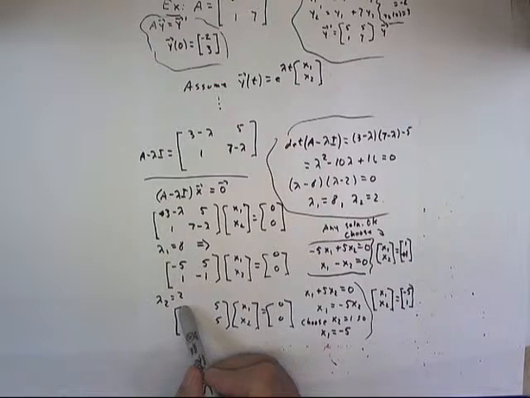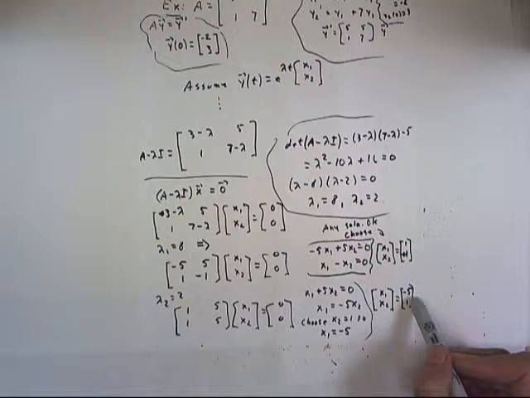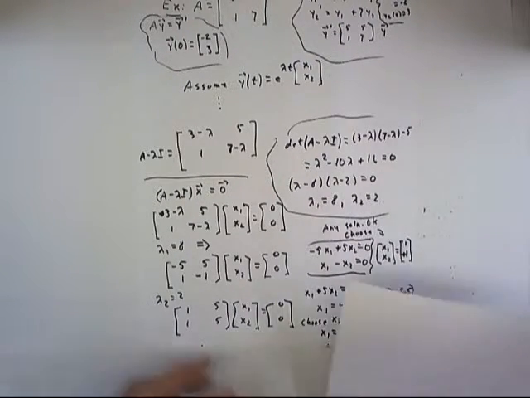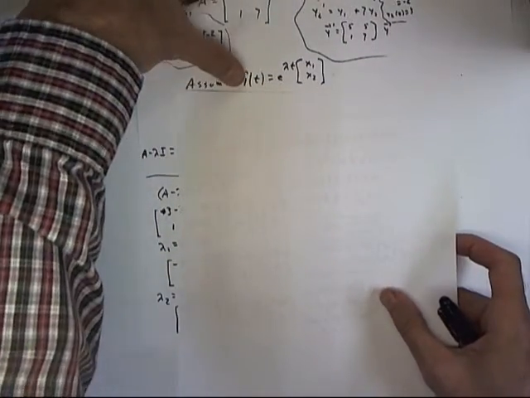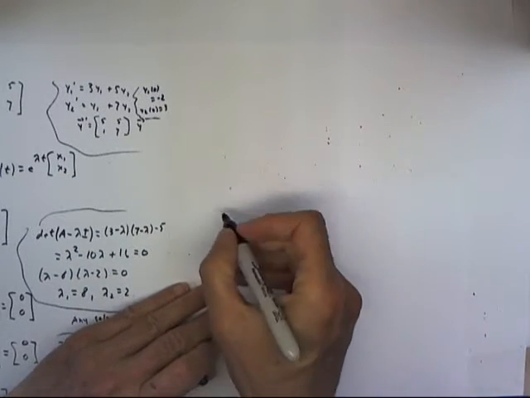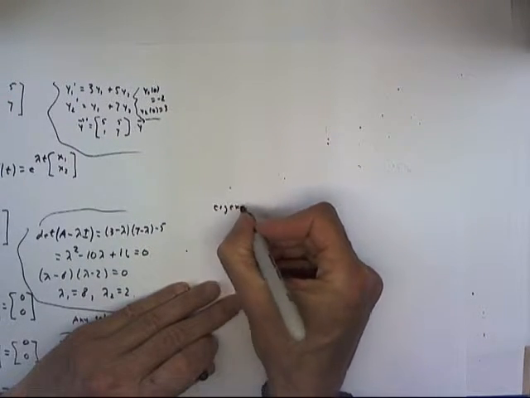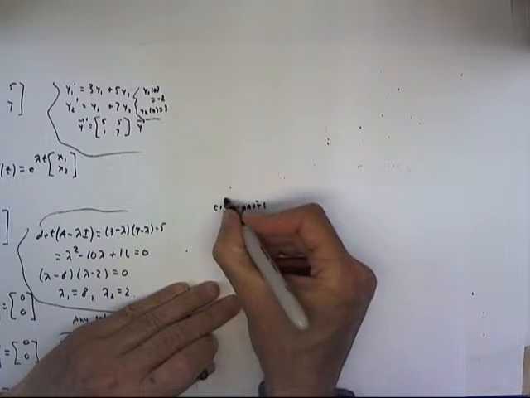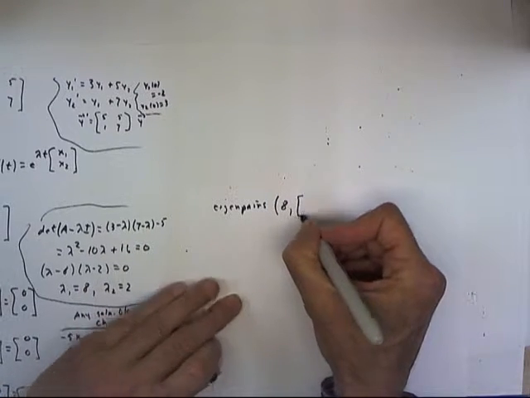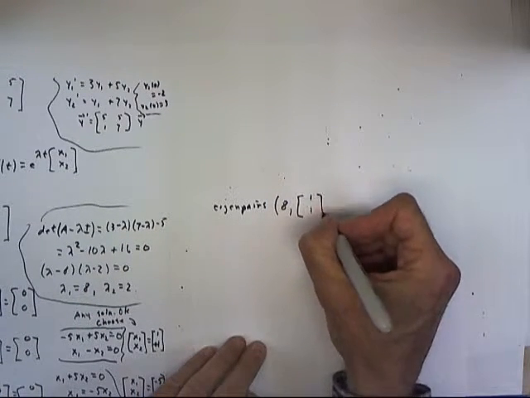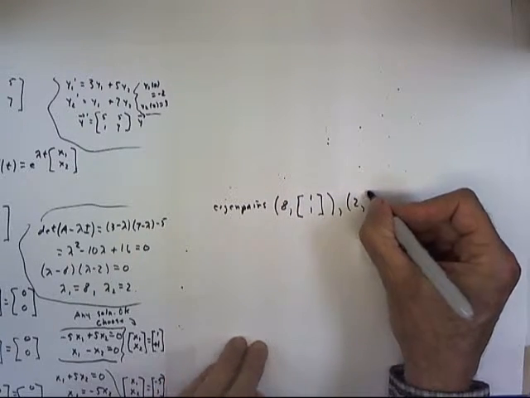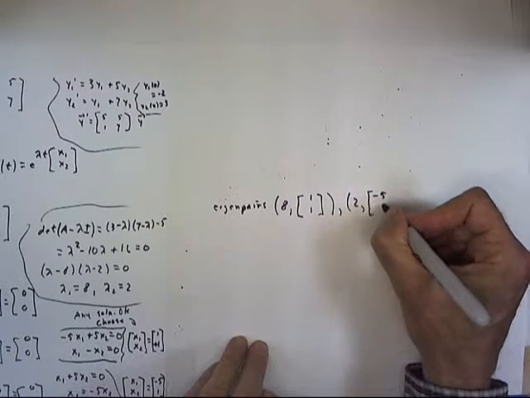For lambda 2 equals 2, our x vector is negative 5, 1. So we can write this as follows. We have eigenpairs: eigenvalue 8, eigenvector 1, 1, and eigenvalue 2, eigenvector negative 5, 1.